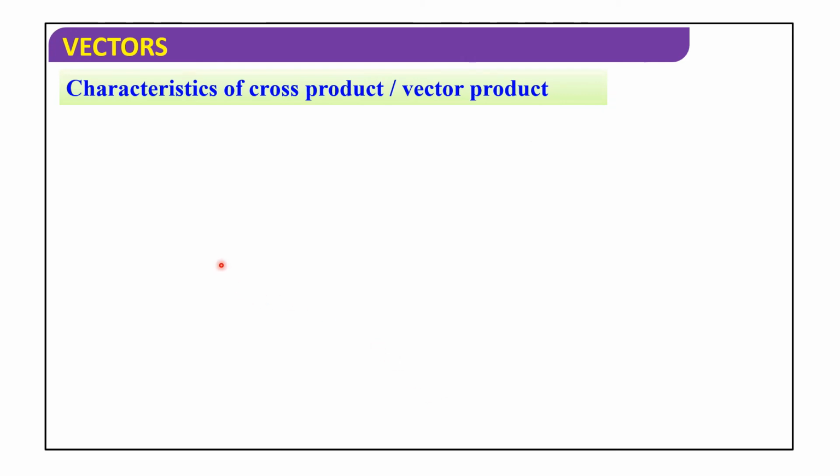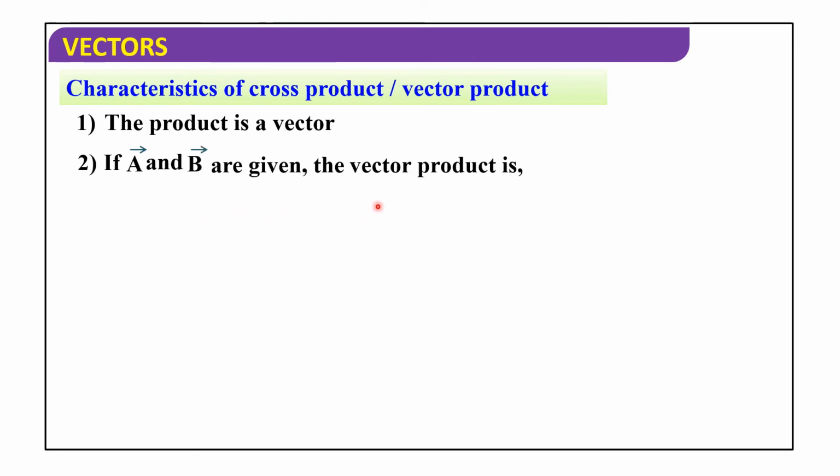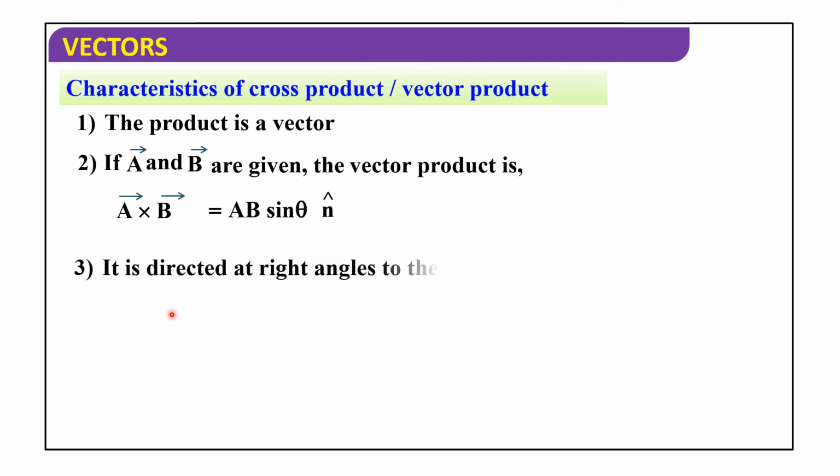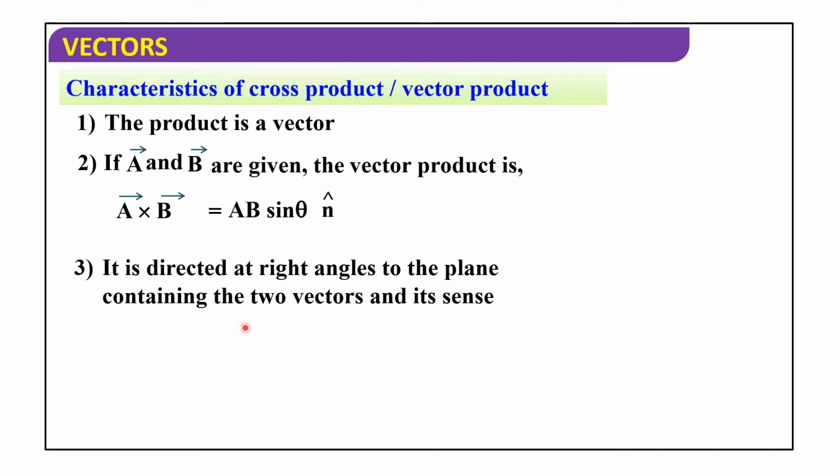Now I will discuss characteristics of the cross product or vector product. The product is a vector, and if A bar and B bar are given, the vector product A bar cross B bar is equal to AB sin theta into n cap. It is directed at right angles to the plane containing the two vectors, and its sense is given by the right hand thumb rule.